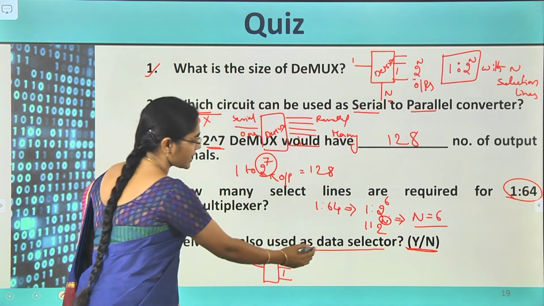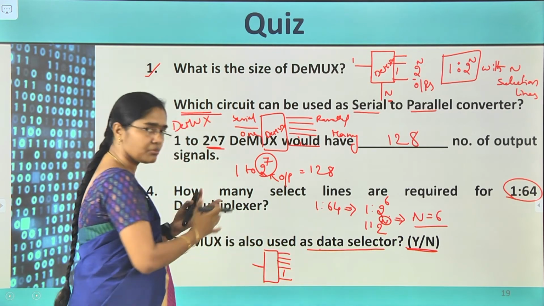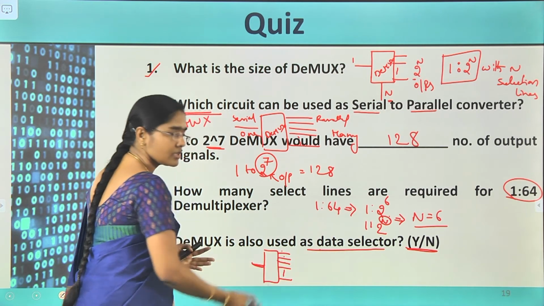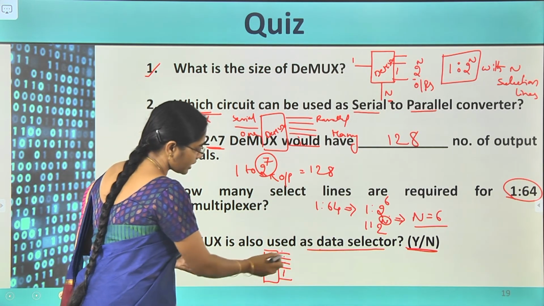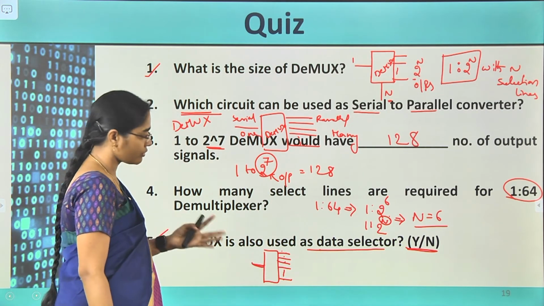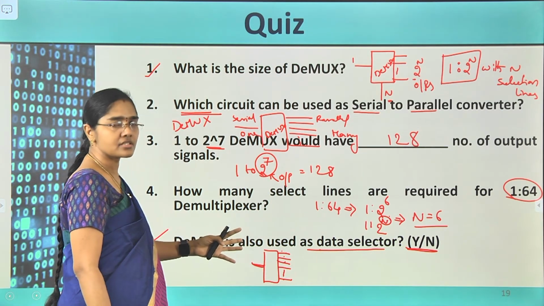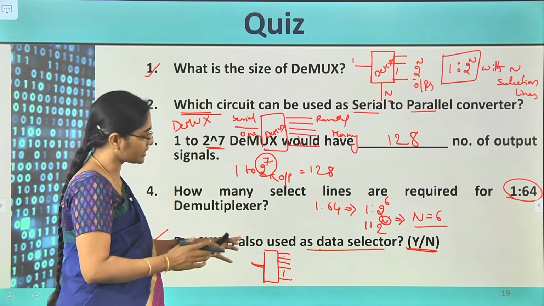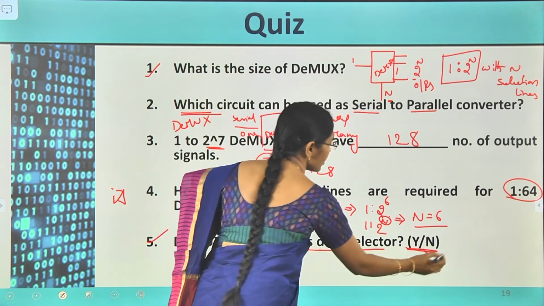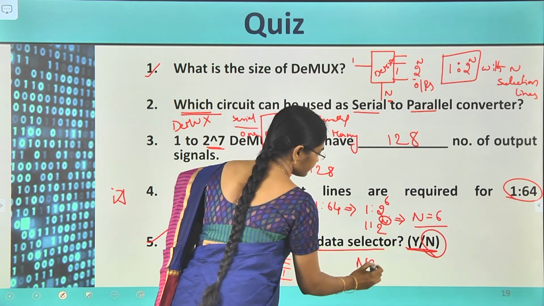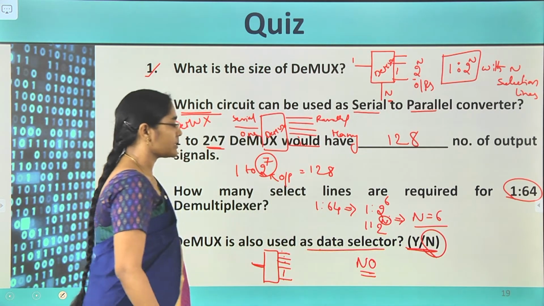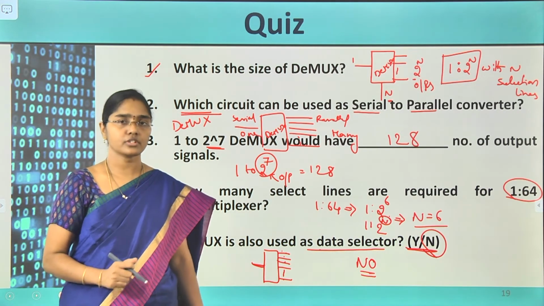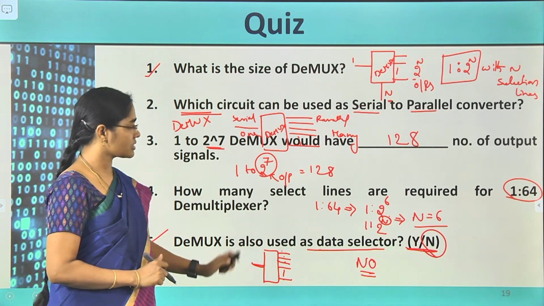So it is not a selector, it is not selecting from the input data, it is distributing data to many lines. Therefore this demultiplexer is not a data selector, it is a data distributor. So the answer is no. Okay, this is the quiz.